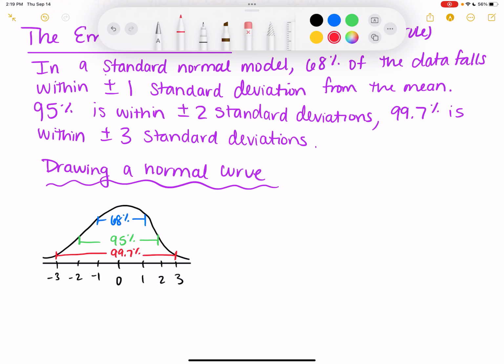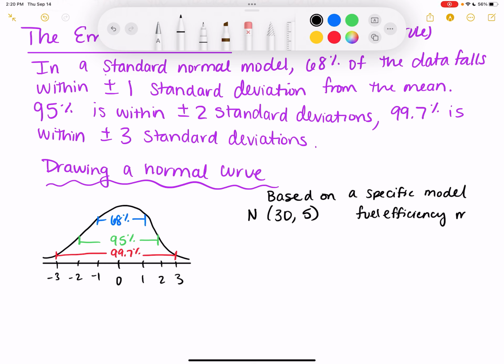All right, so that was generic, so now based on a specific model. We're going to do it for N of 30 and 5. That means our mean is 30, standard deviation is 5, and this is for fuel efficiency, which is in miles per gallon.